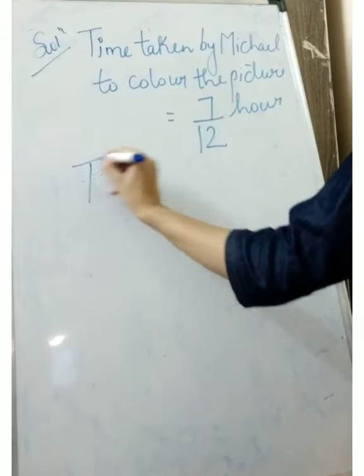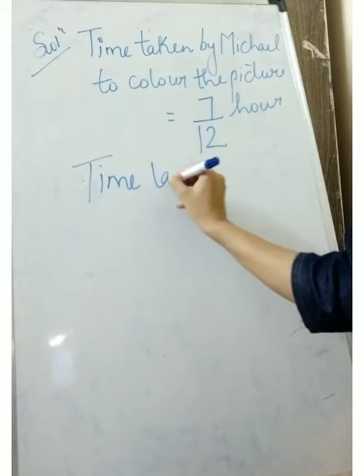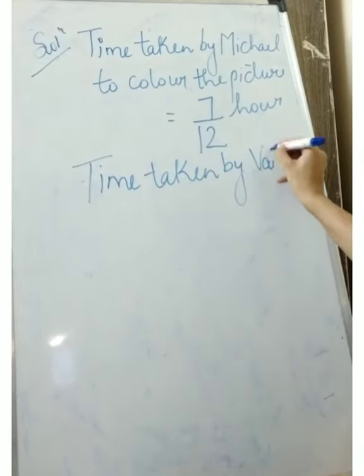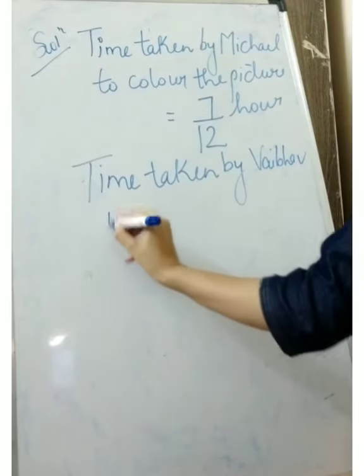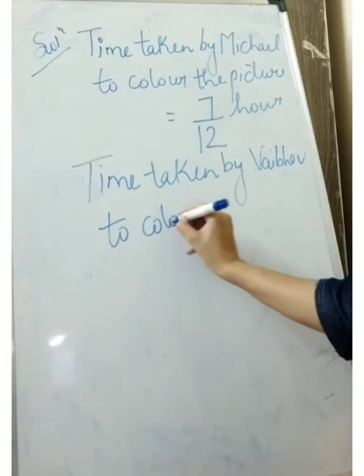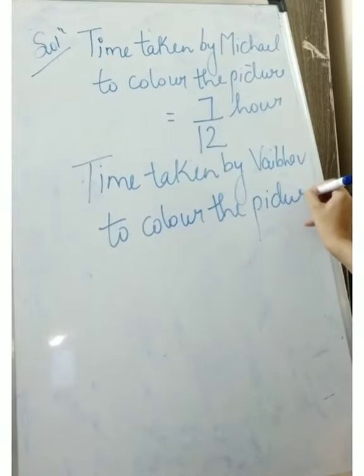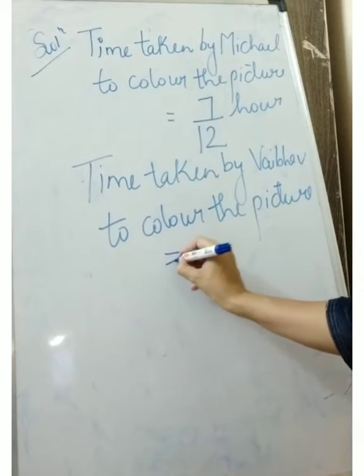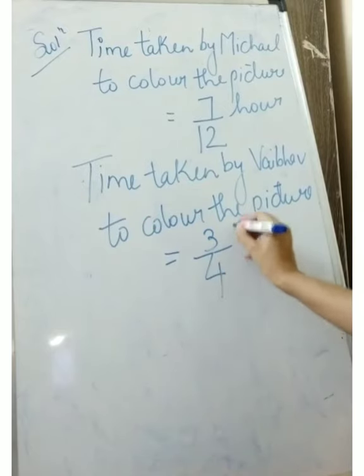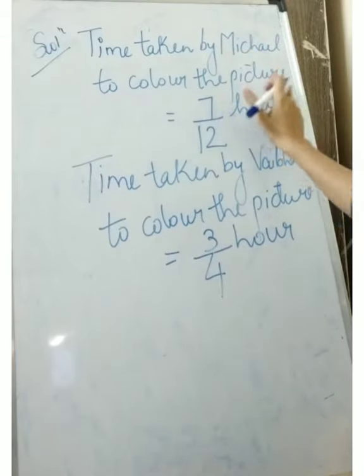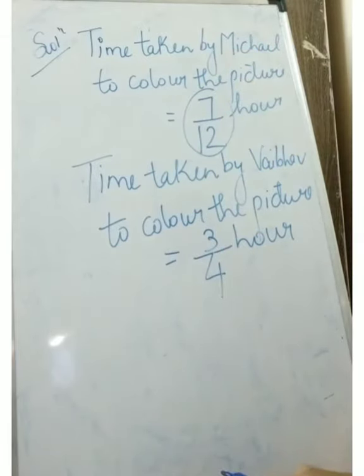Now we will write the time taken by Vaibhav to color the same picture is 3 upon 4 hours. Okay, so we have written: time taken by Michael to color the picture is 7 upon 12 hours. Time taken by Vaibhav to color the picture is 3 upon 4 hours.